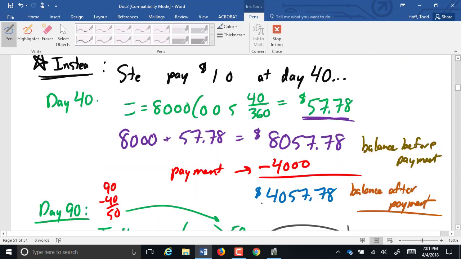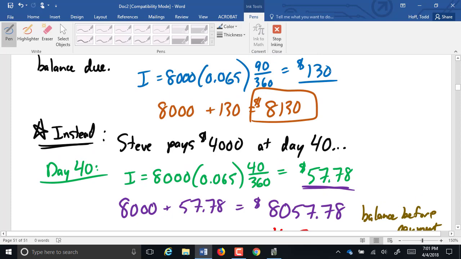Compared to if we let it sit the whole time without any payments, it was $130 interest.